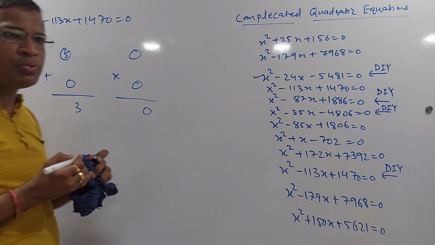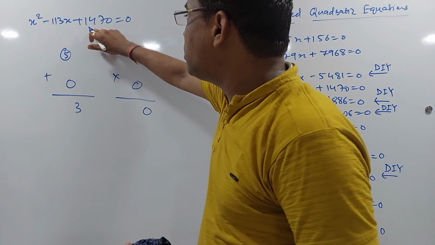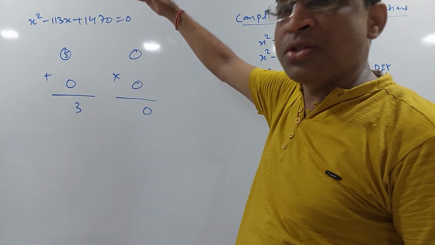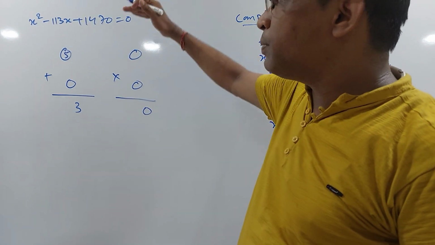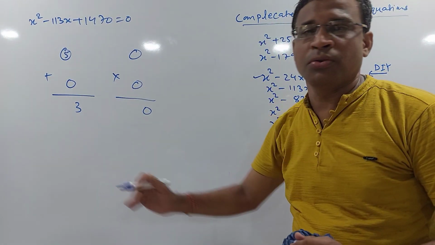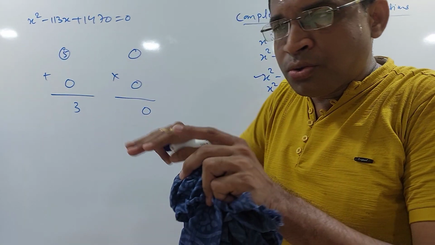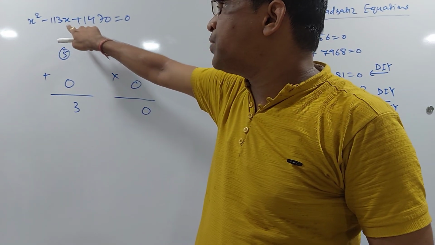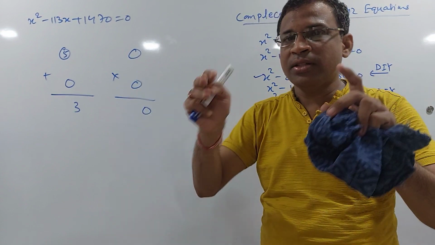Find one more approach which I already told: can we look for the square number closer to this? 30 square is 900, 40 square is 1600. So it could be between 30 and 40? No. If it is between 30 and 40, those two numbers' sum will never reach 113. So we don't go with the 30 and 40 bracket.